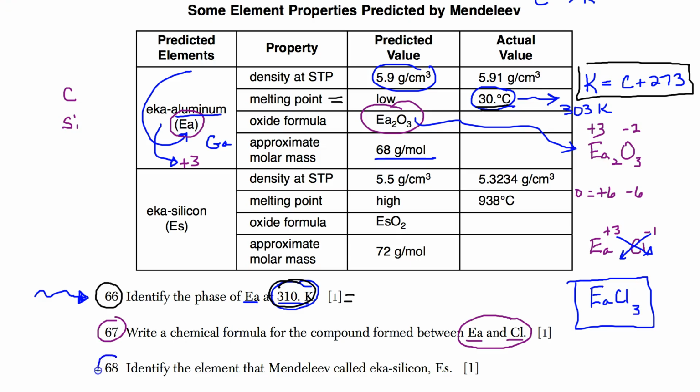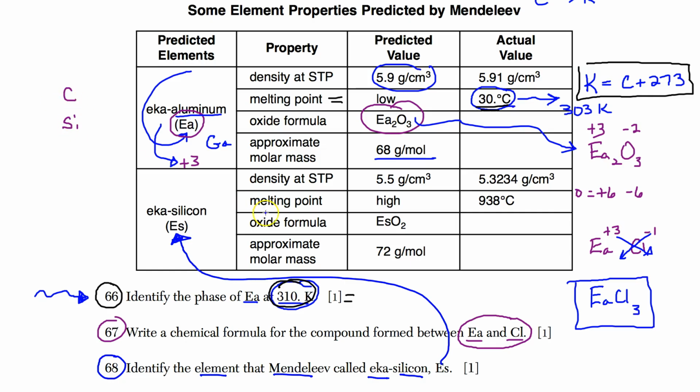Okay, so number 68, they want you now to identify the element that Mendeleev called eka-silicon. Based on what we've done, this blurb was about the fact that Dmitri Mendeleev was able to predict properties of elements because he put them under each other. So silicon's like carbon because it has the same number of valence electrons.